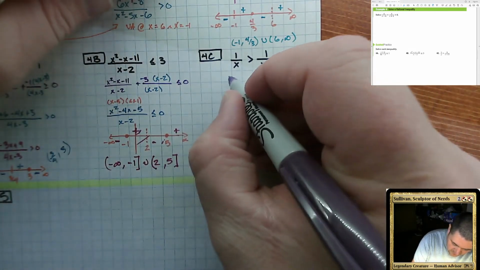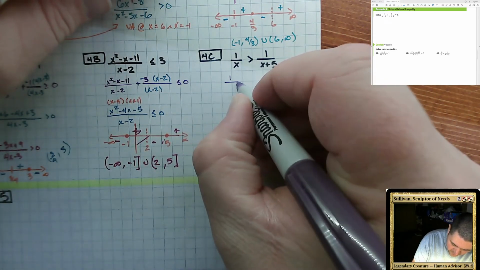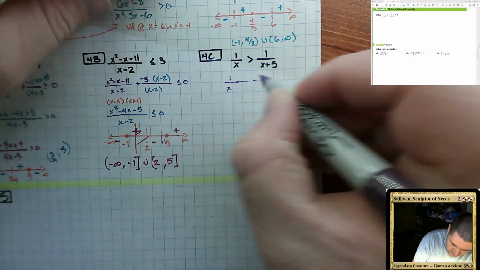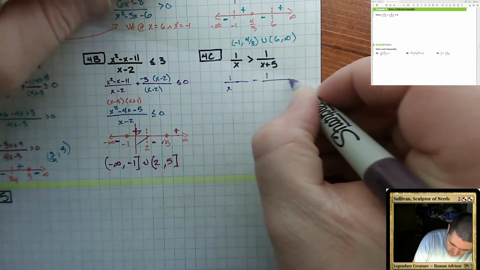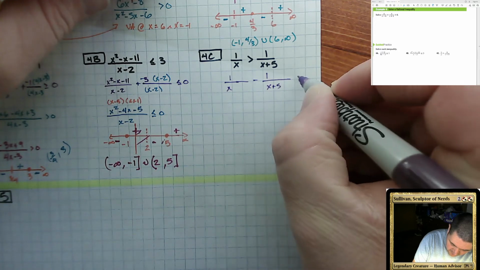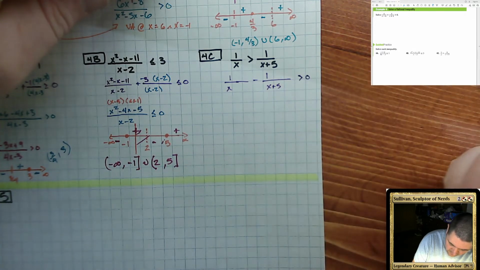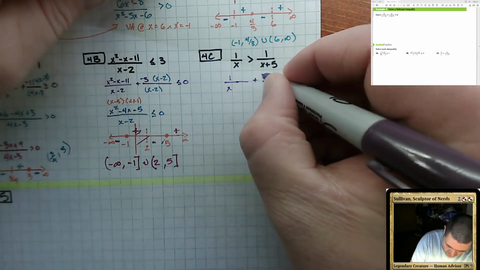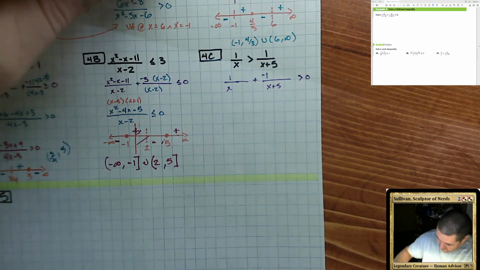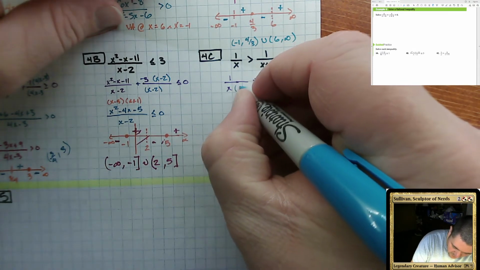Everyone on one side of the bus will have 1 over x minus 1 over x plus 5 greater than, nope, just greater than 0. I'll add the opposite just to keep that the same. Common denominators.